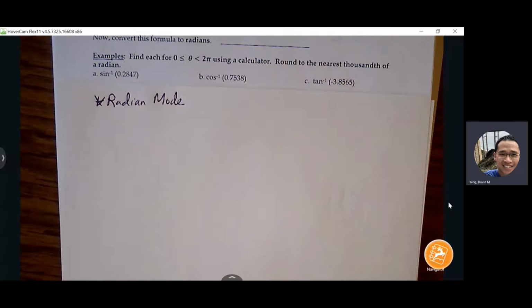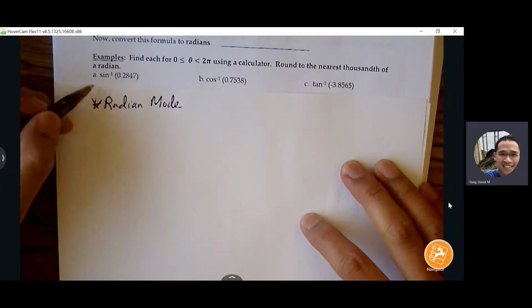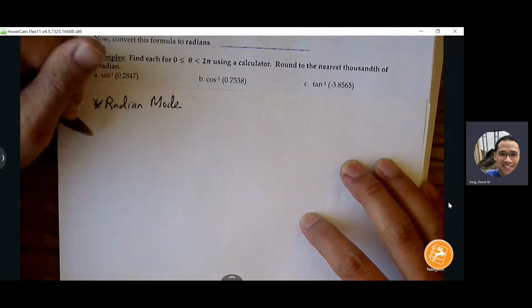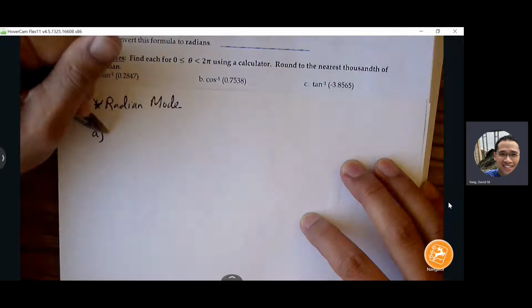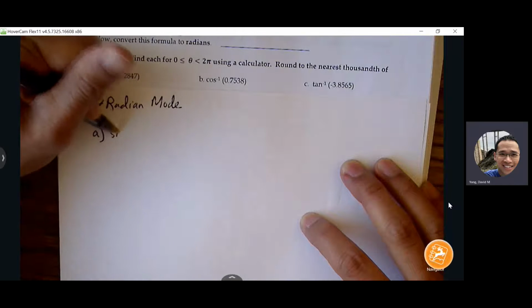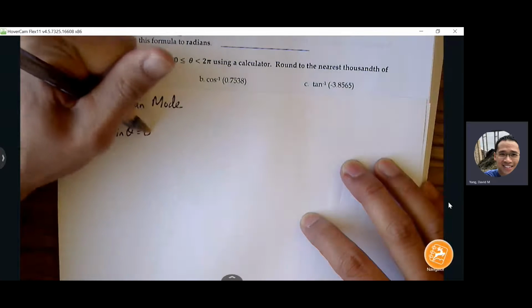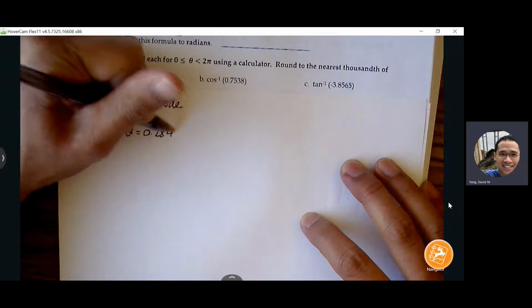Okay, so inverse sine of 0.2847. That's the same thing as saying sine of theta is equal to 0.2847.